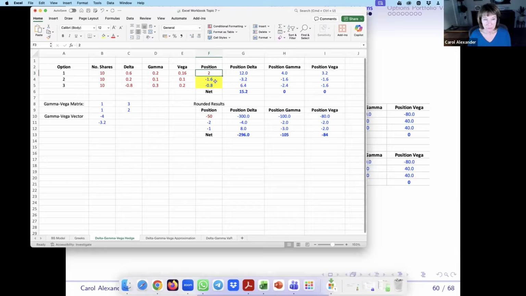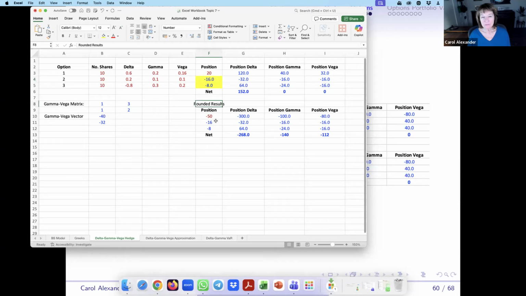In this case, if you've got long 2 of the first option, then you should be short minus 1.6 and minus 0.8 of this. But you can't buy 0.1 of an option. So there is what we call position risk. Sometimes when you solve these, you can't do it exactly.